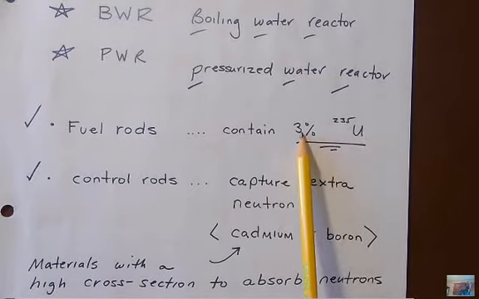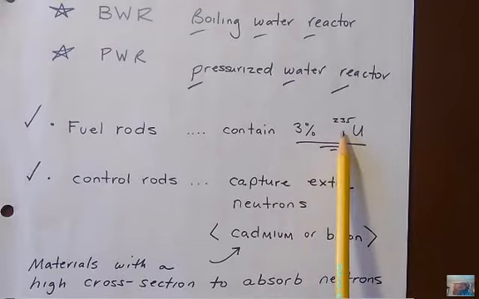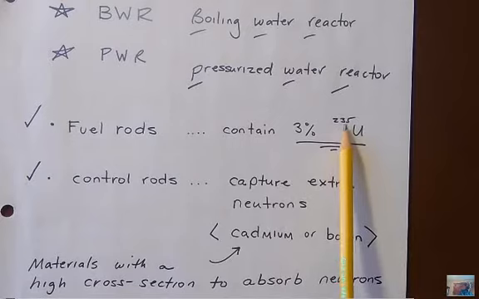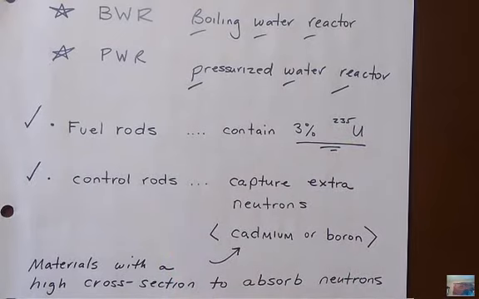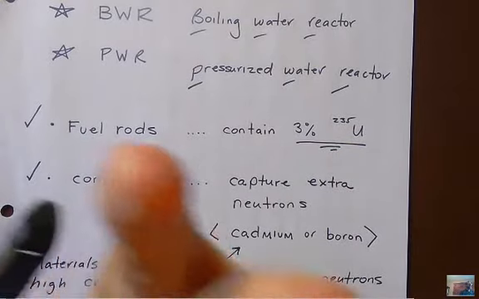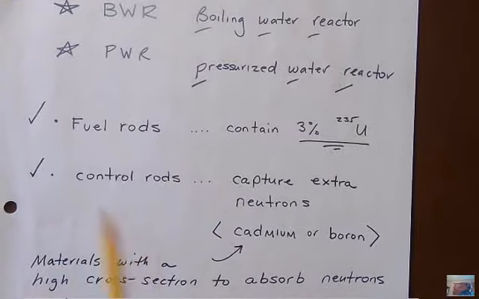So it's 97% U-238 in the fuel rod, okay, and 3% uranium-235, the fissionable kind. Then you also, if the fuel rods are going this way, in between the fuel rods, you need to put control rods that can be slipped in and out to capture the extra neutrons. And those tend to be made out of cadmium or boron.